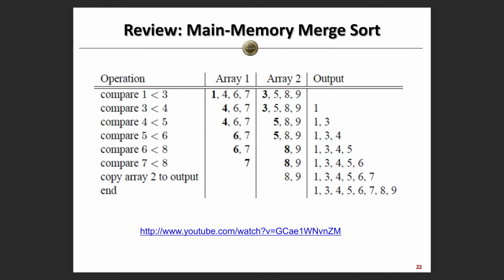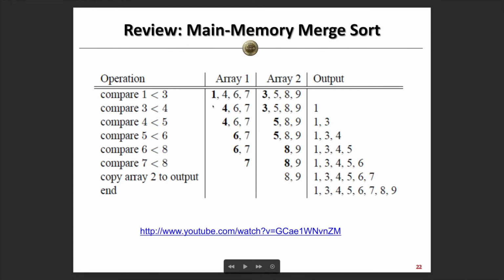Let's assume we have two arrays, array 1 and array 2. Array 1 has four numbers: 1, 4, 6, 7. Array 2 has 3, 5, 8, and 9. You can see both arrays are sorted already. The target is to merge them into a sorted list covering all the numbers in these two arrays.